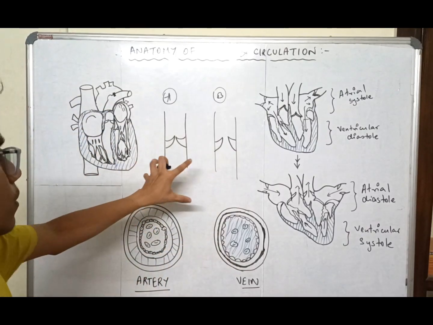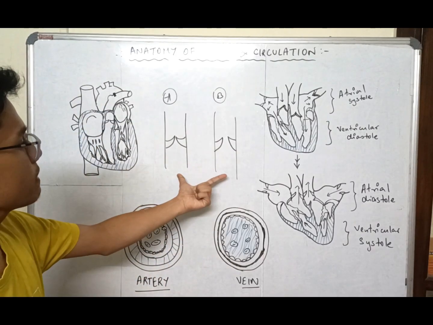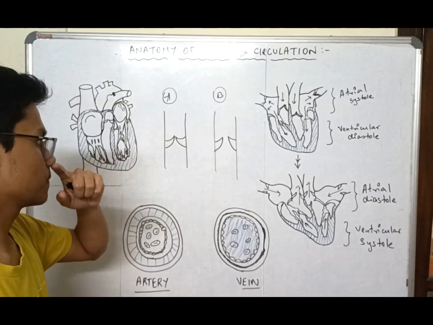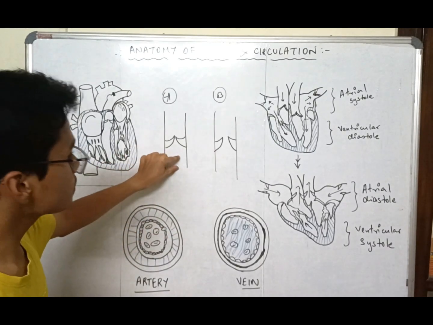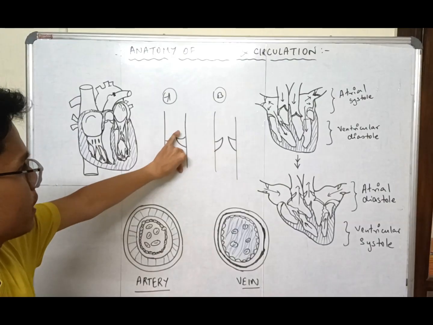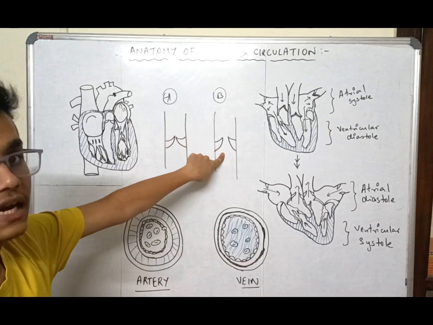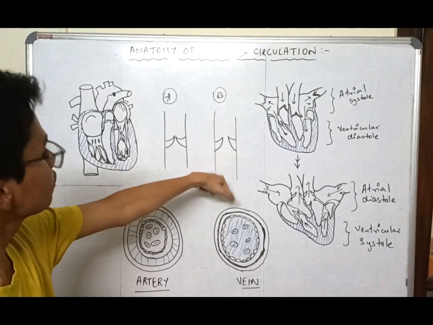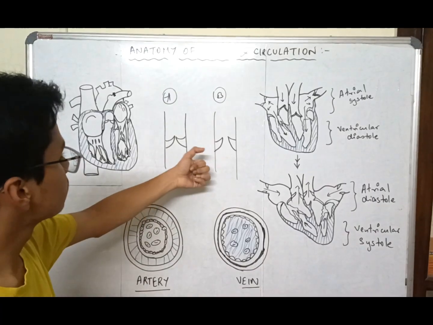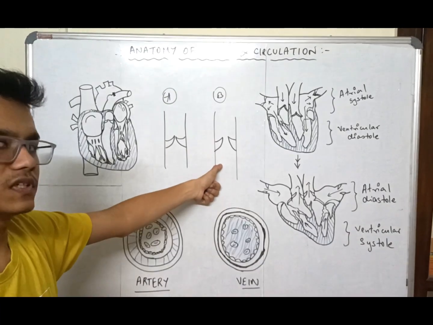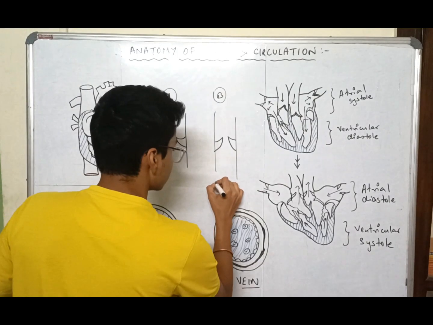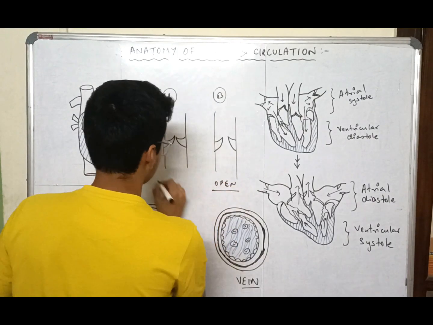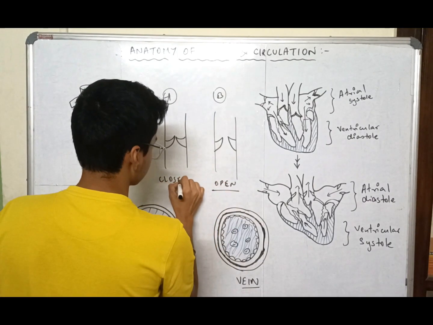Based on your plain observation, what can you differentiate between these two cases? Yes, this one does not have a gap, but this one does have a gap. So we can say this is closed, and this is open. Yes, very basic.